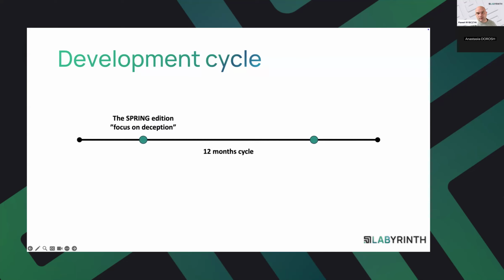The first edition within the year, we call the spring edition, and it's fully focused on improving our deception capabilities. We also provide the autumn edition, which is focused on innovation, on new features that extend the capabilities of network monitoring and an intrusion detection system based on deception.